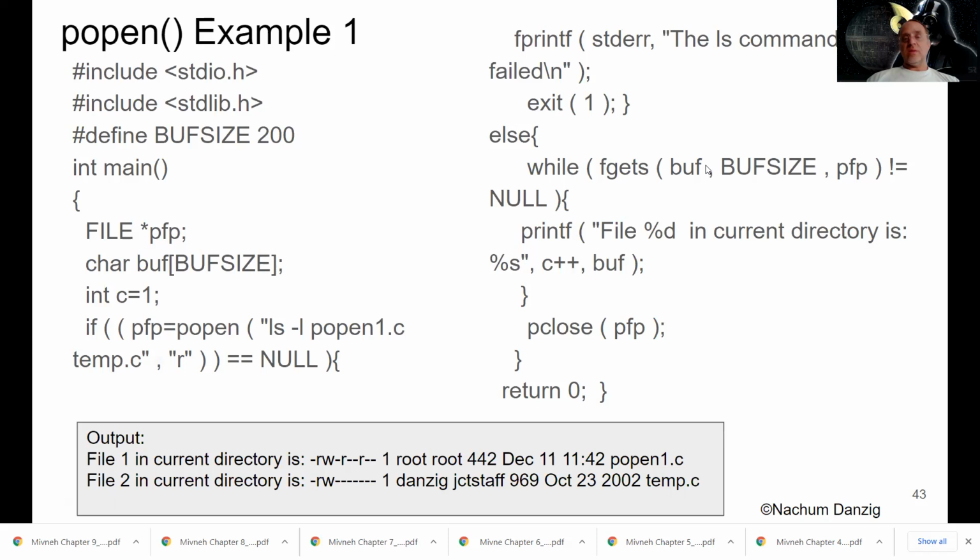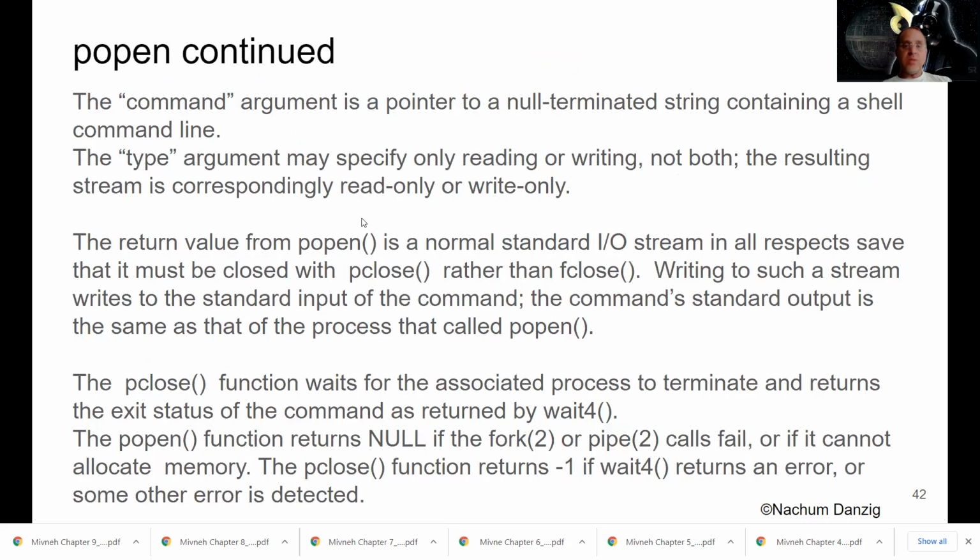Because I'm printing to the standard error, this ls command failed, if it returned me null. In other words, if this returns null, it'll print, and then exit 1. Else, while fgets, you see, in this case, what was I trying to do?